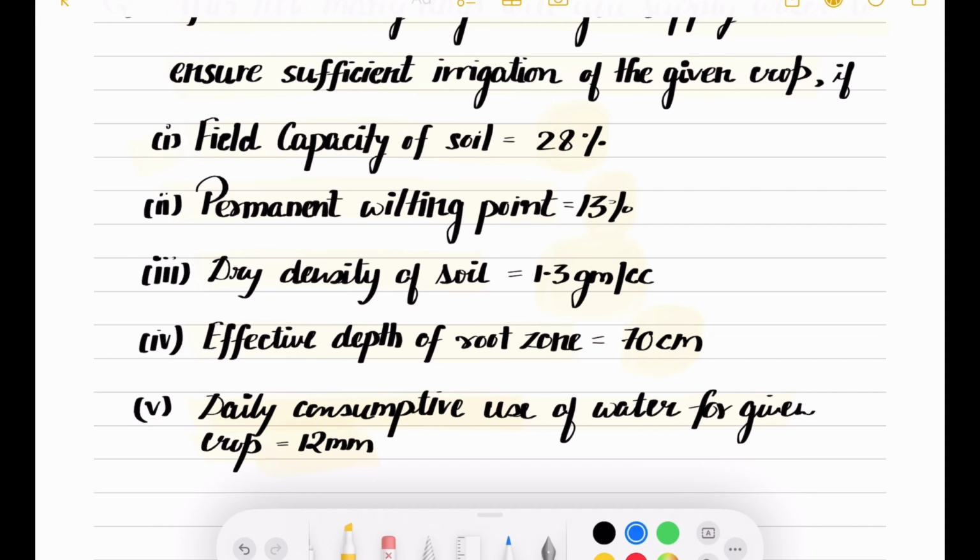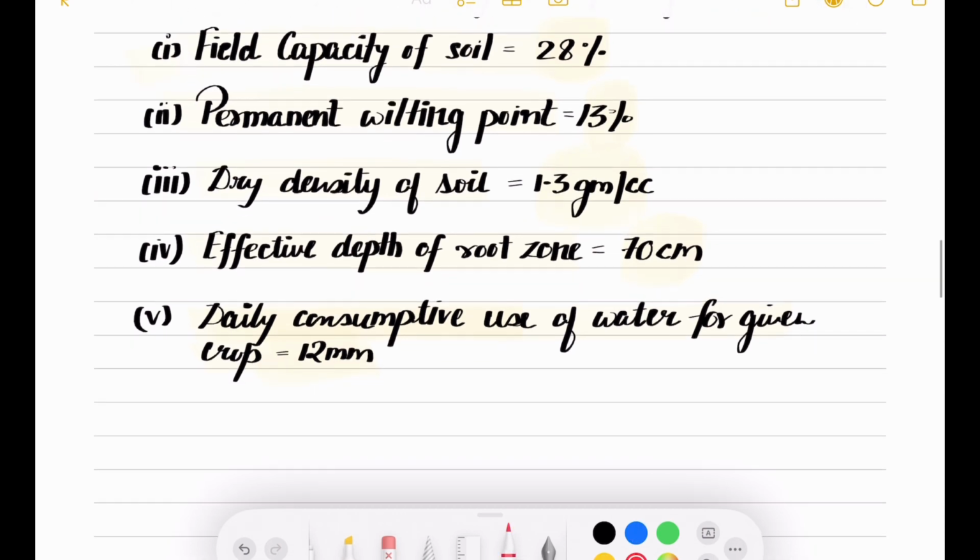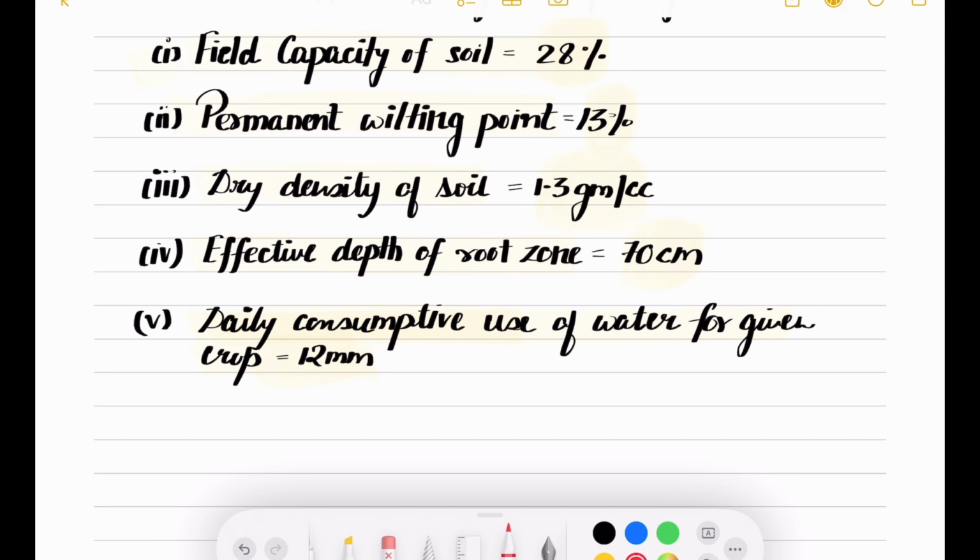Alright, since we have discussed all the terms except the daily consumptive use, let me just in brief tell you what daily consumptive use is. Consumptive use is the quantity of water that is utilized by the crop.